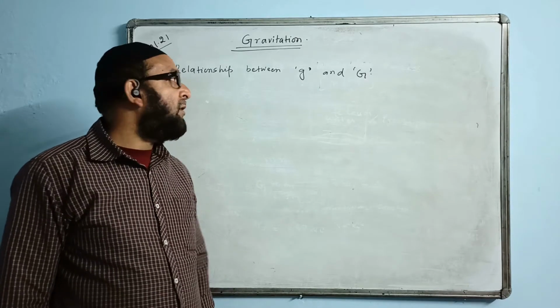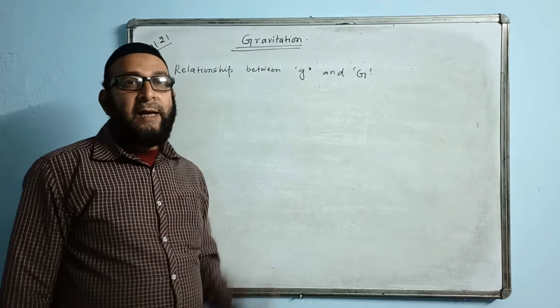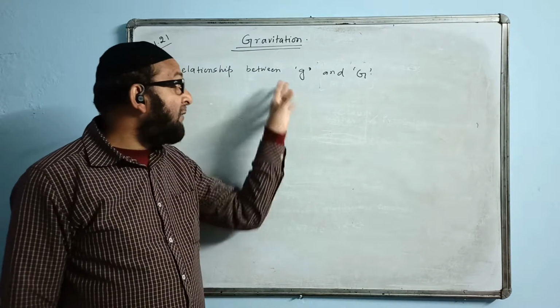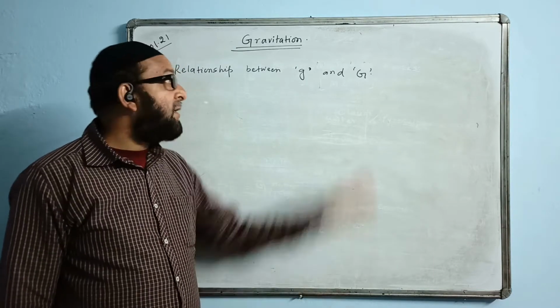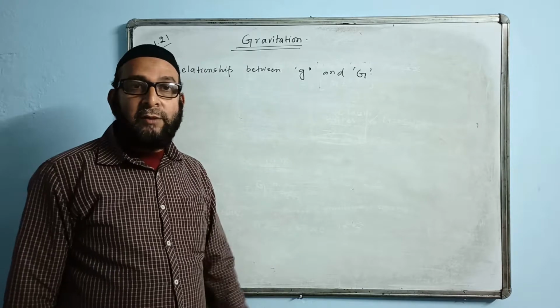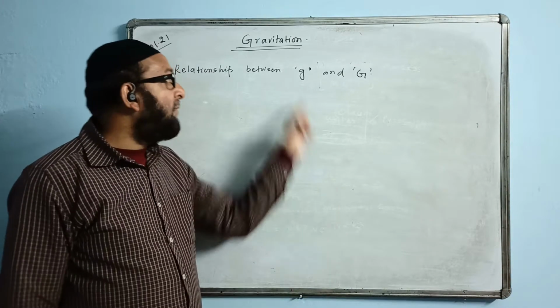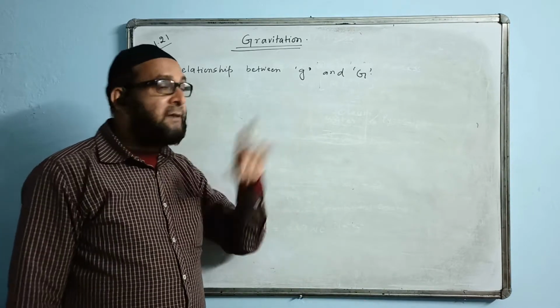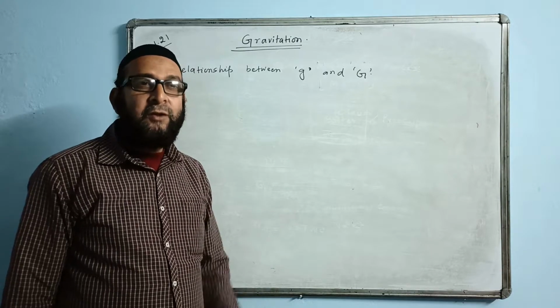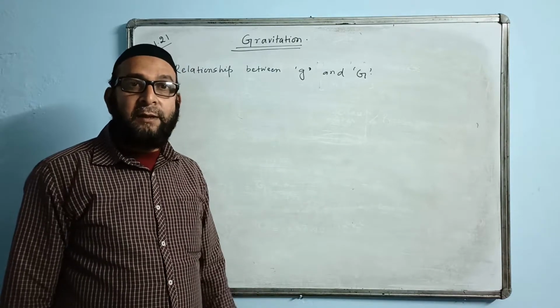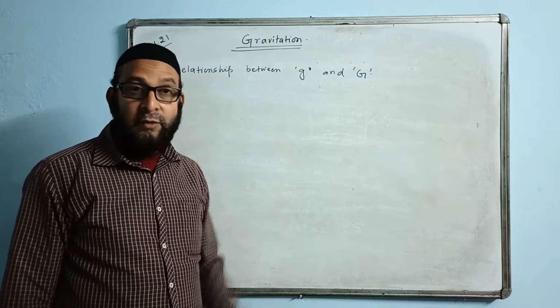How they are different, I will tell you. Small g is called acceleration due to gravity, it is a kind of acceleration, whereas capital G is a constant, the universal gravitational constant. The value of g on the surface of the earth is 9.8, which you round off and take as 10 meter per second square, unit is meter per second square.